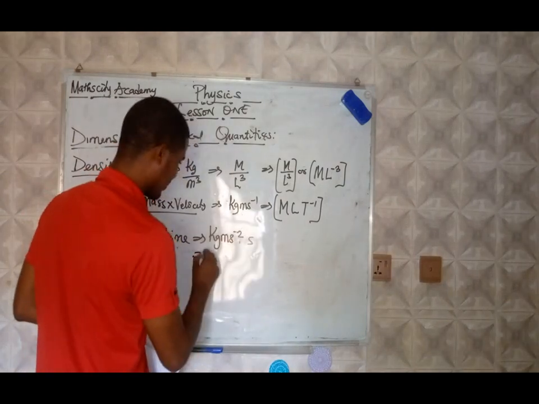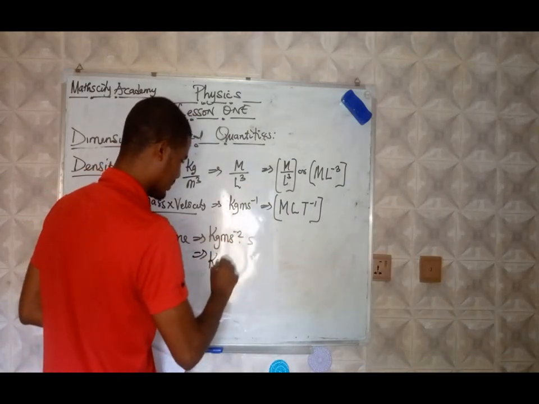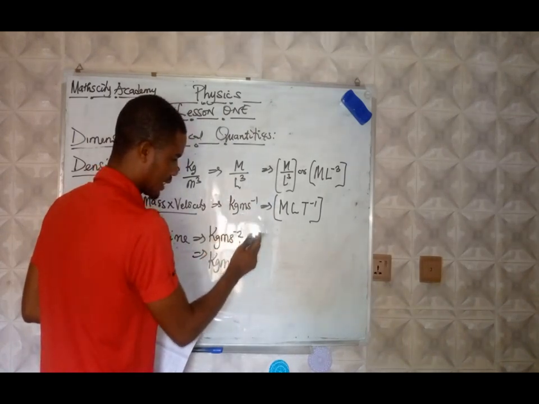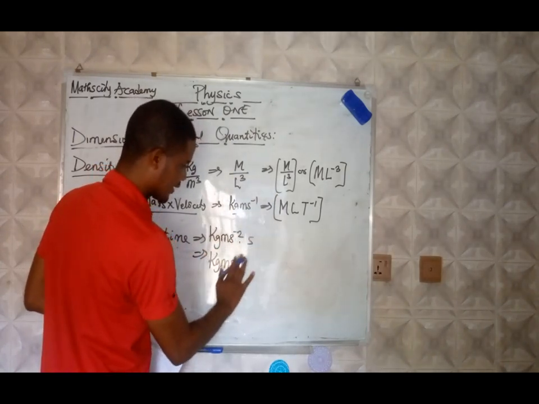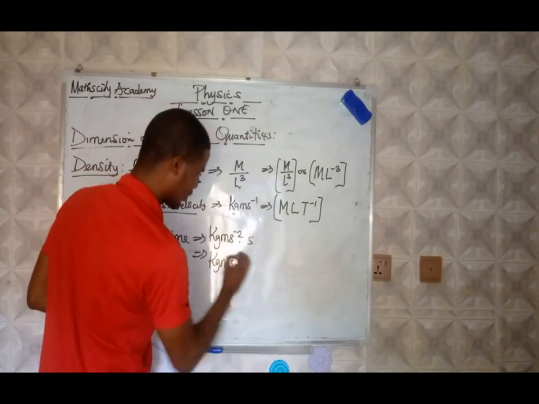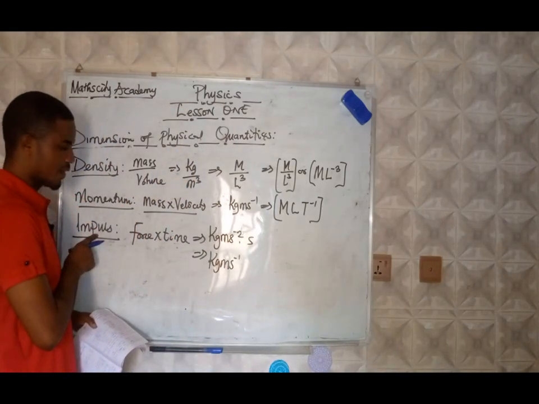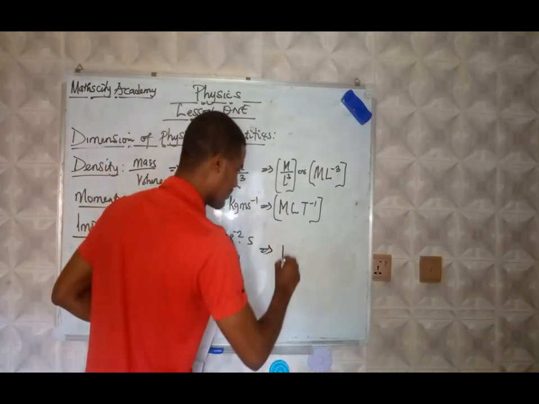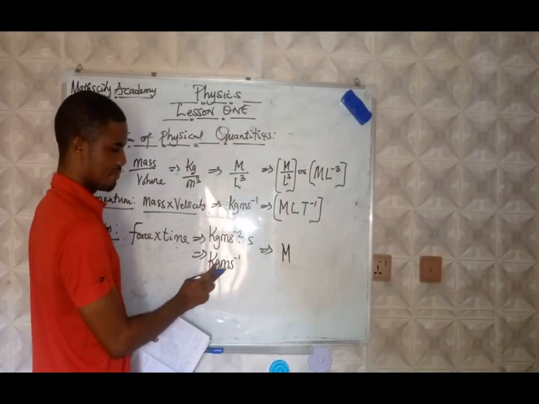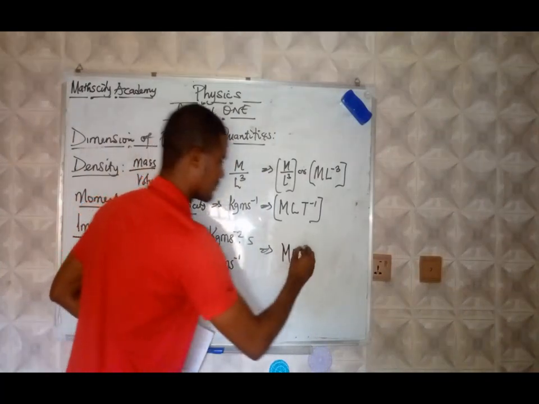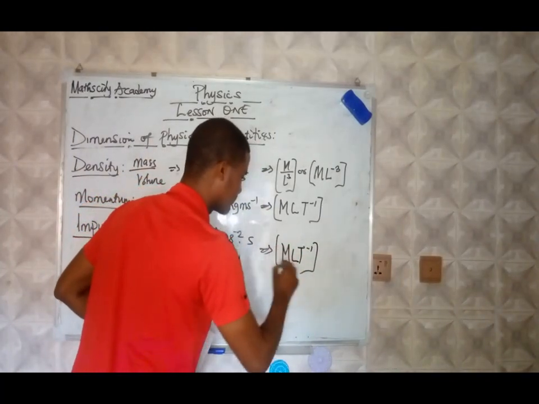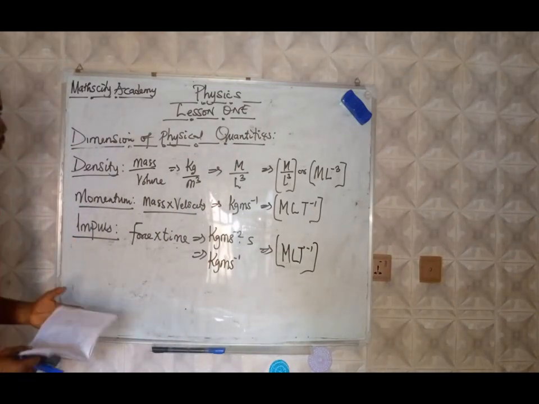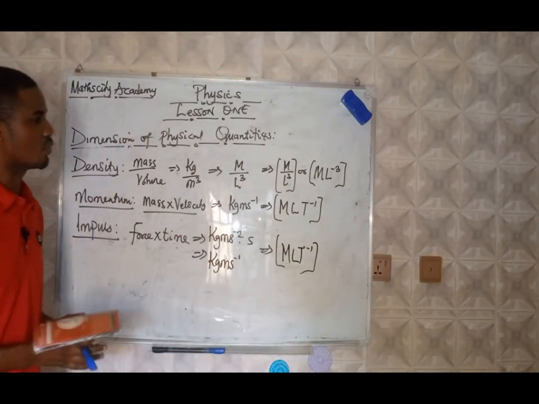And that will produce kilogram meter per second, since minus 2 plus 1 will give me minus 1. This becomes unit for impulse. So the dimension becomes kilogram, M, meter, L, time, T, minus 1. Okay, I think we have taken many examples for dimension of some physical quantities.